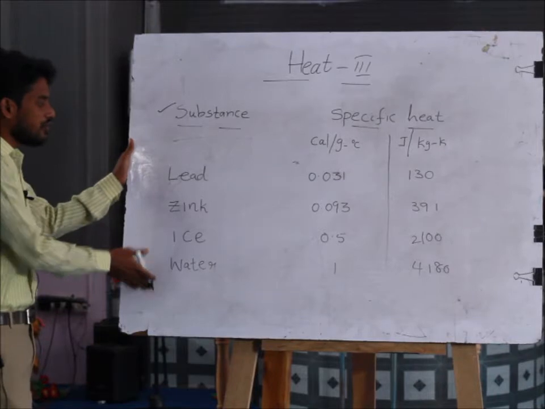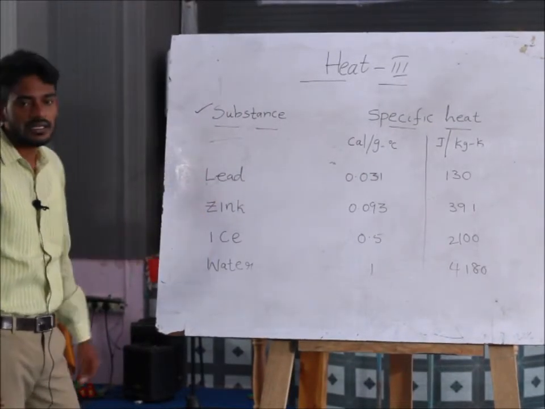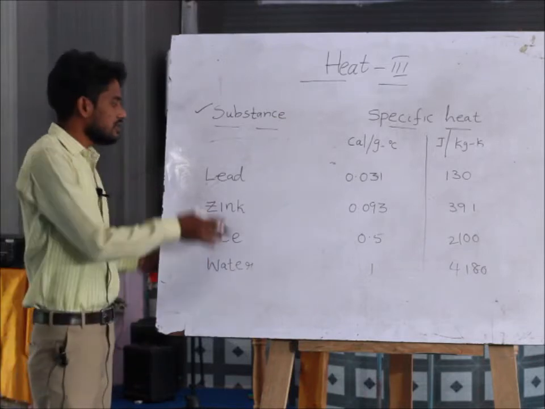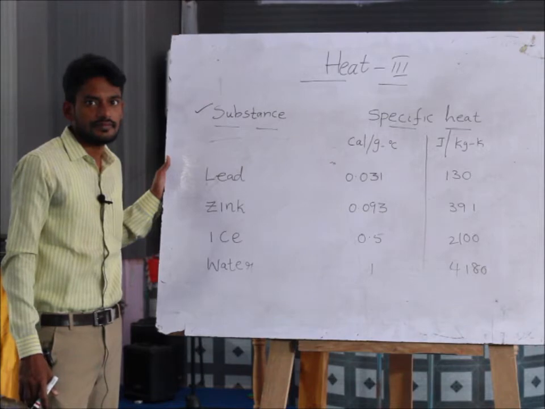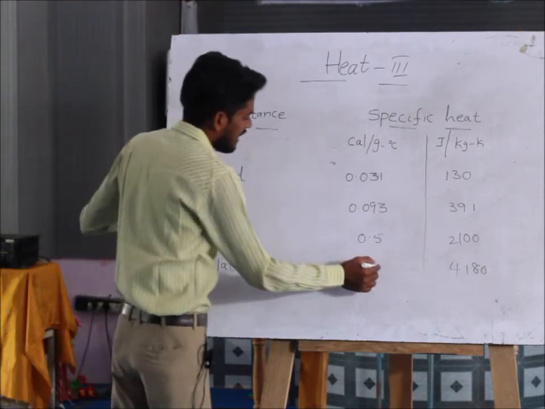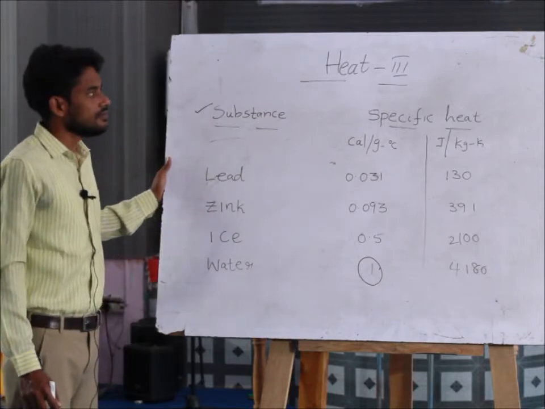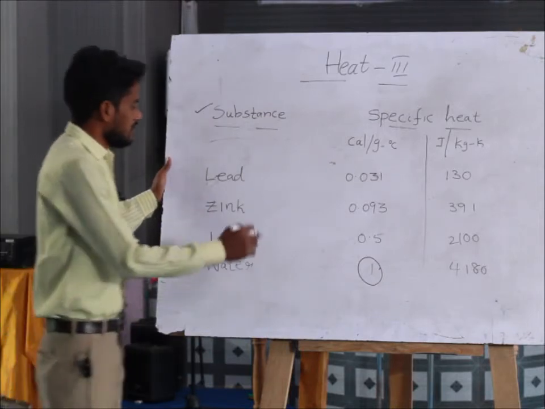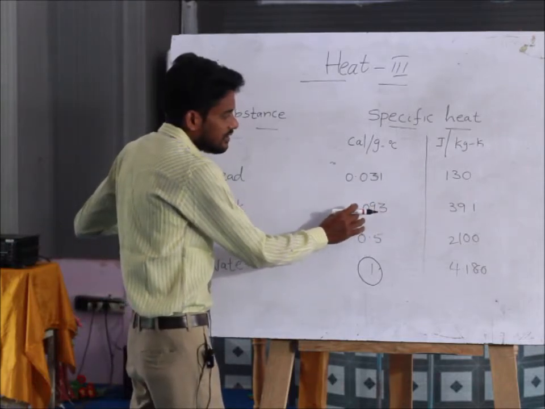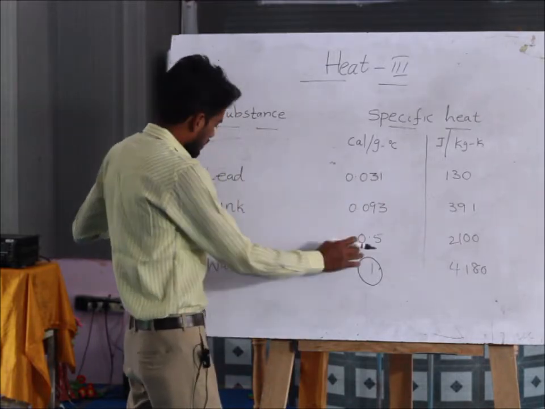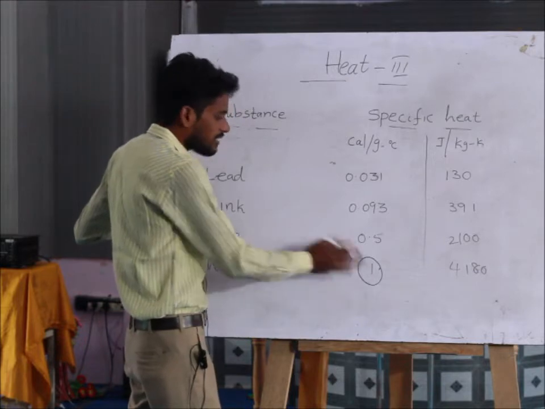If you observe these four substances, whether it may be lead, zinc, ice, water, these are containing different specific heat values. Obviously, you know well which has the highest specific heat. If you want to measure specific heat, 0.090 for zinc, ice 0.5, that means of water 1.